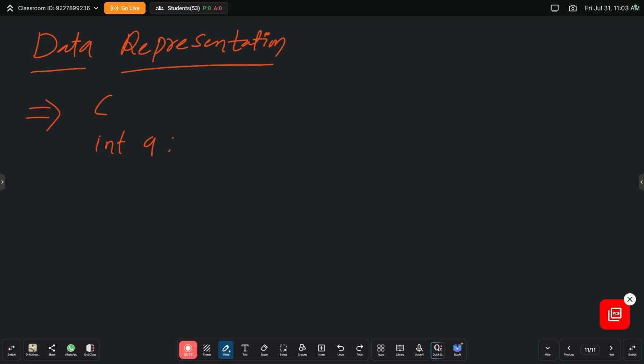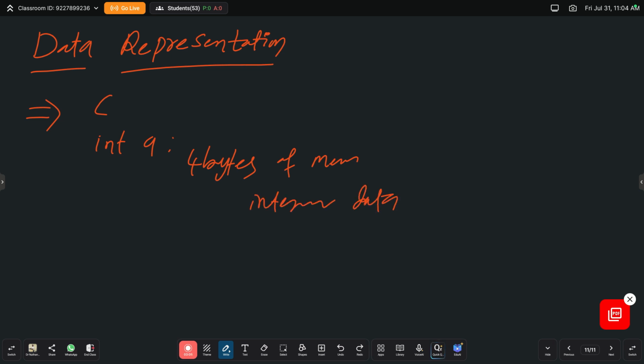Your compiler is going to request the operating system that 4 bytes of memory are required, and it is going to consider only integer data.